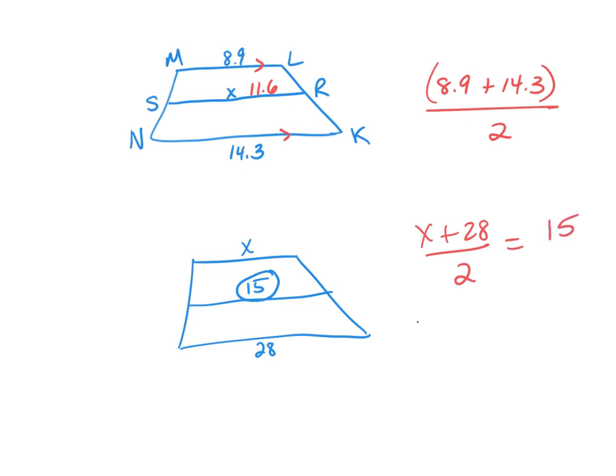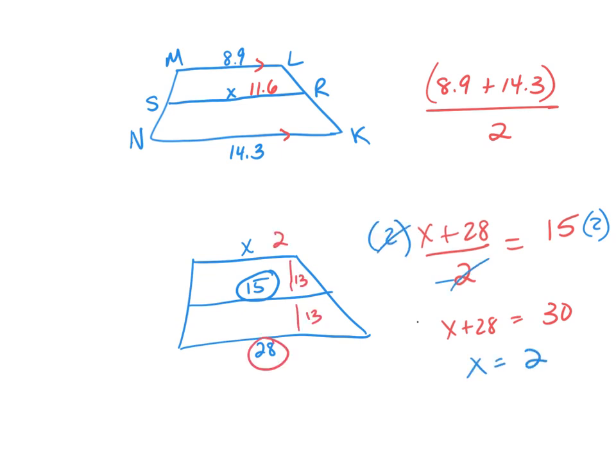Everybody understand that? So that means x plus 28 equals 30 when you multiply both sides by 2 to get rid of this 2. So x equals 2. When you check it, you make sure that the top number and the middle number are the same distance apart from the middle number and the bottom number, okay?